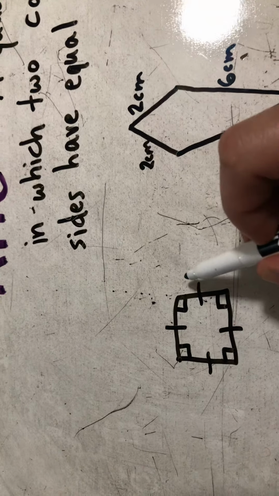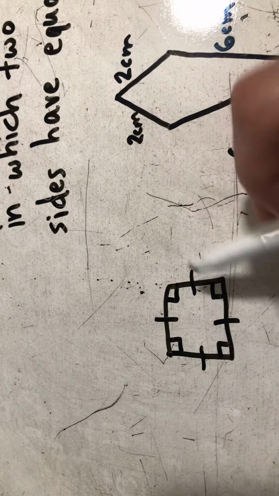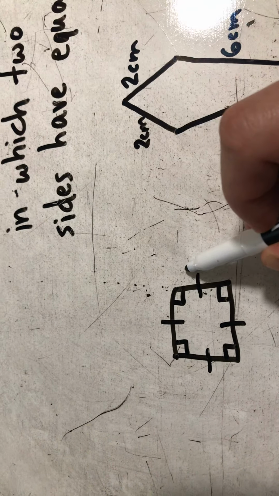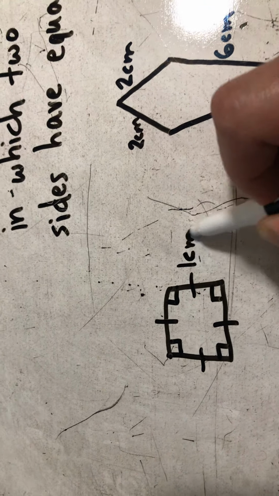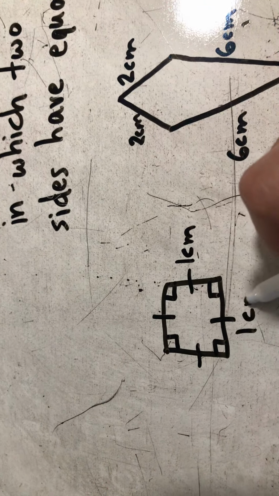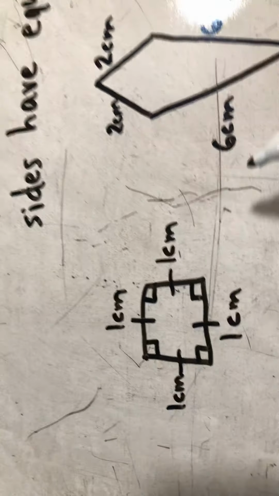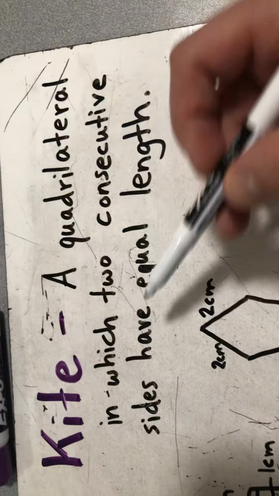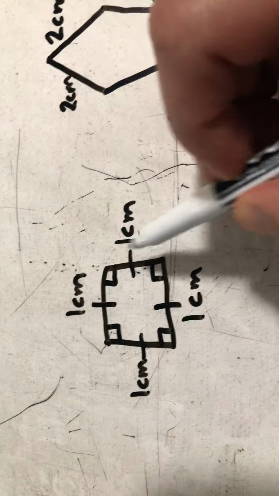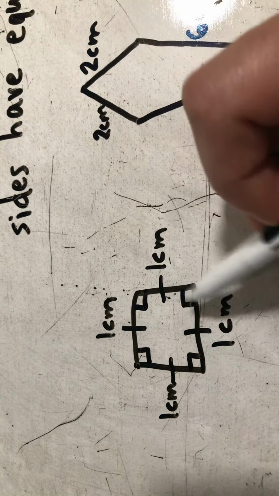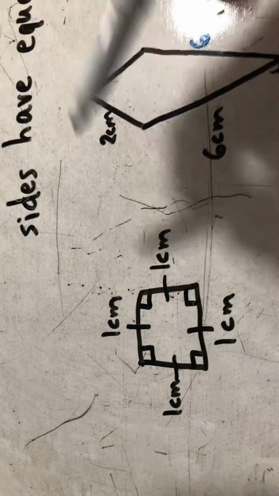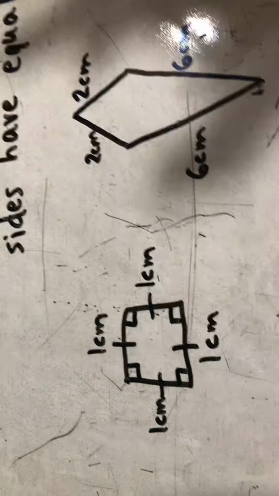If this square has a width of 1 centimeter, then obviously the length is going to be 1 centimeter, and over here it's going to be 1 centimeter, and there it's 1 centimeter. As long as this is a quadrilateral and it has two consecutive sides of equal length, we have one here, we have one there, technically that makes a square a kite.